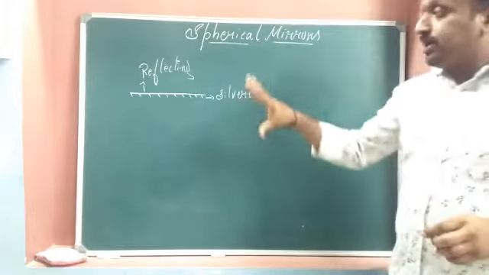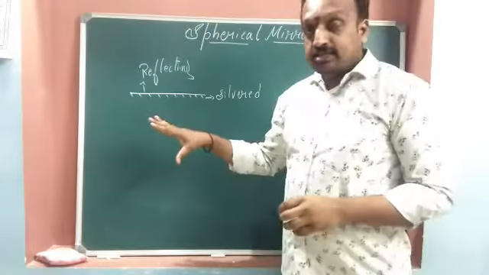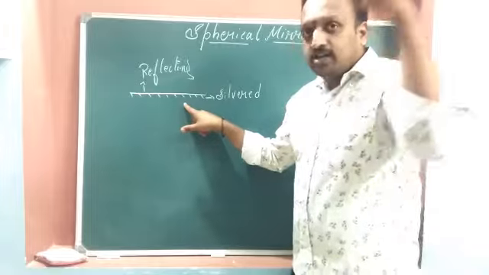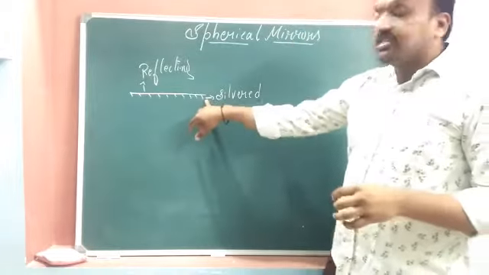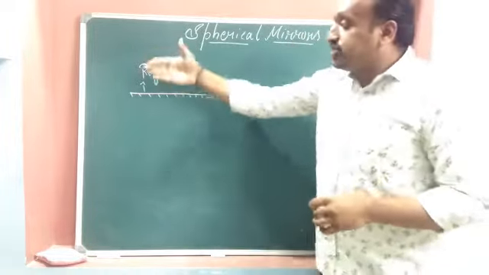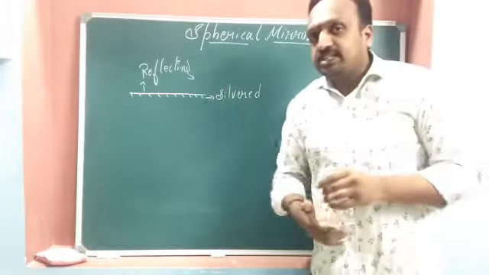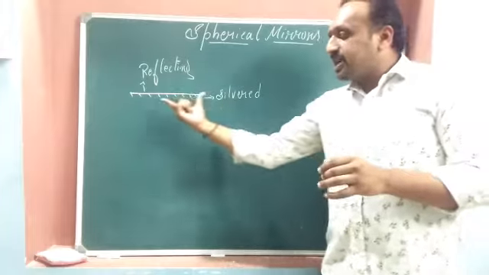Clear? So the mirror can be represented like this, a straight line. If I mark small dots like this, that represents the silver surface. The next to that one, the surface is called the reflecting surface. So it's just a plain mirror.